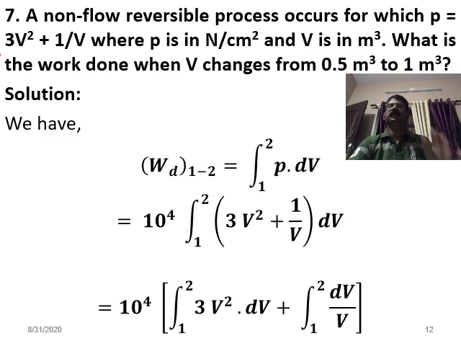Now separately integrate 3V square. Again 3 is constant, you can take it outside, so it is V square with respect to dV, which is nothing but V cube by 3. The other term is integration of 1 by V with respect to dV, which will be ln, log to the base e, of V. If you apply the upper limit and lower limit, it will become ln V2 by V1.